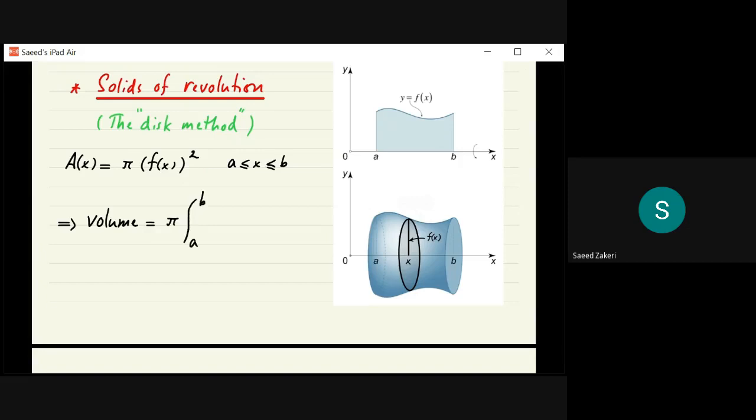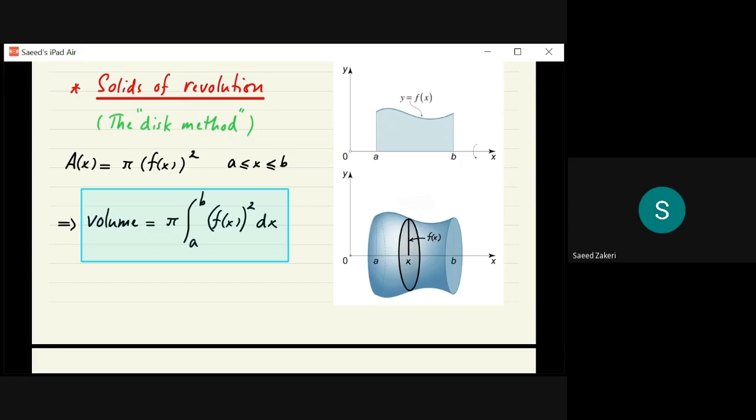It's pi times the integral from a to b of f of x squared dx. That's the formula for the volume if you apply the general principle that the volume is the integral of the cross-sectional area function. Okay?